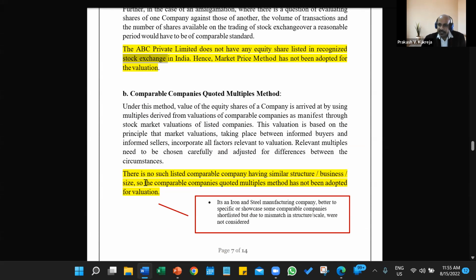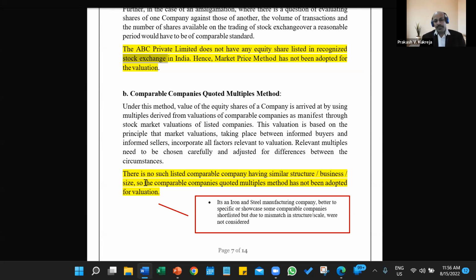In the case of CRP, I may agree to this point to some extent, but if it is a steel and iron manufacturing company, I'm sure in India we have a lot of steel and iron manufacturing companies. There will be some comparable companies. It doesn't mean that you have to consider them, but you can always justify that you shortlisted 1, 2, 3, 4 companies, but because of a mismatch in capital structure, the scale, or the kind of products, hence we could not.